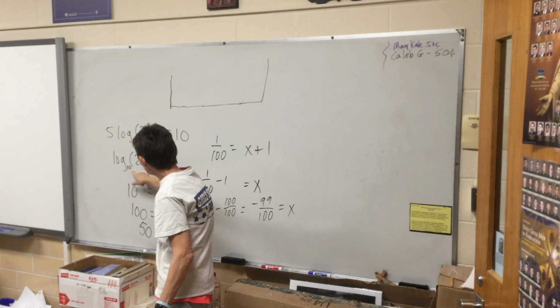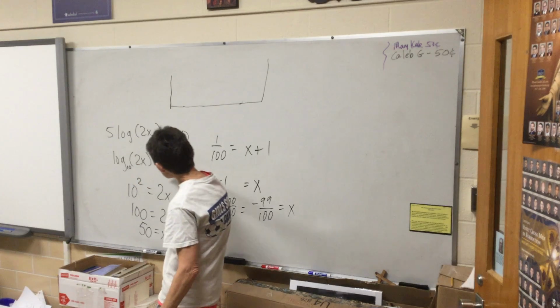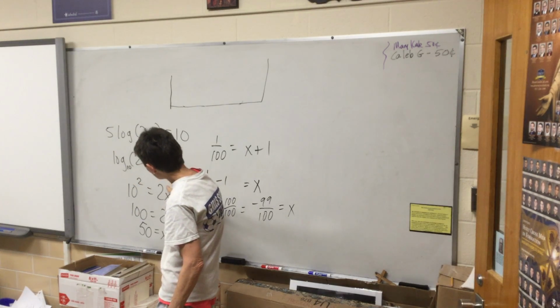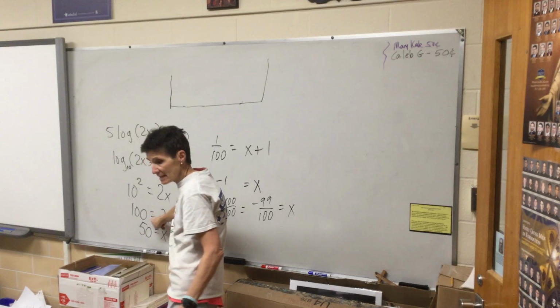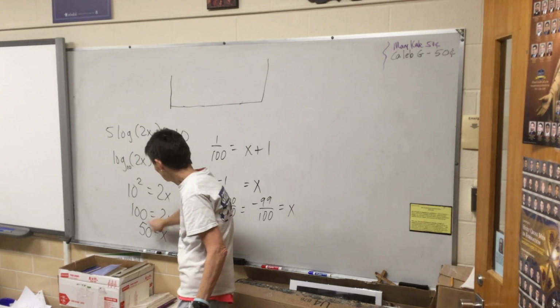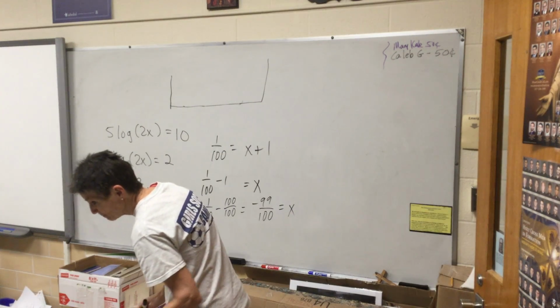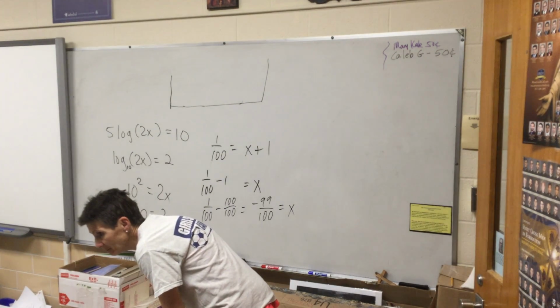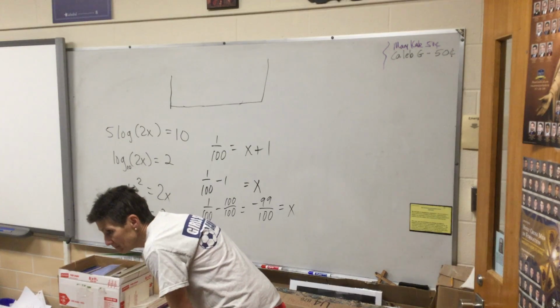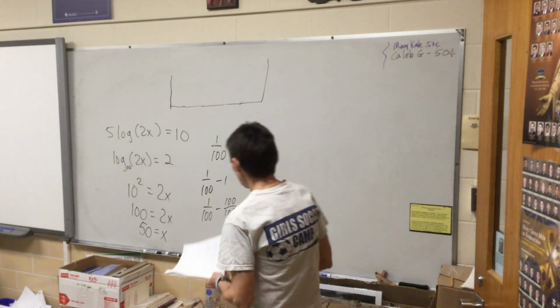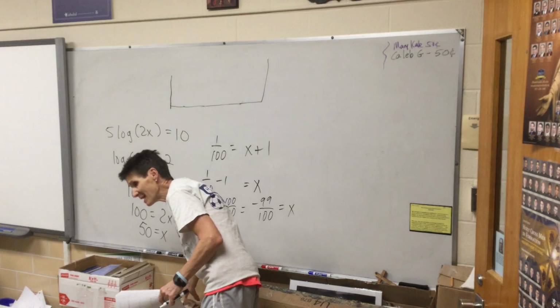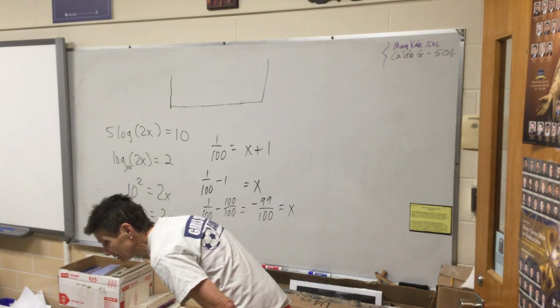So then she loop-de-looed. 10 to the second is 2x. 10 to the second is 100. And then she just divided by 2. Very nicely done, Clara. Anybody else get 50 on that? Good job. Anybody not get 50 and have a question about it?